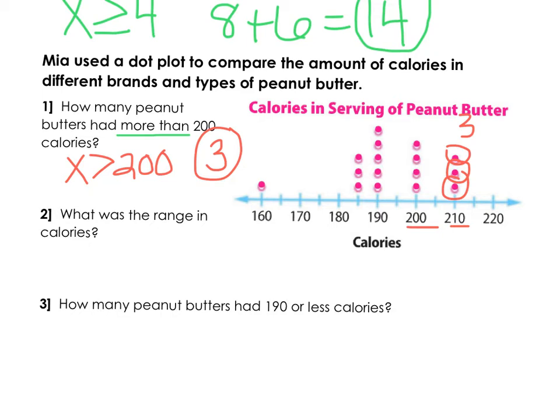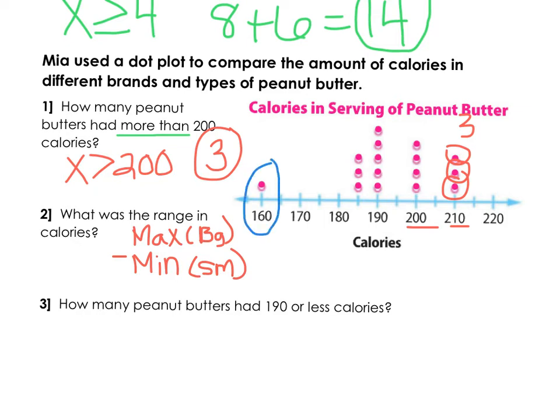Okay, let's look at the next one here, number 2. It says, what is the range in the calories? Remember, range is when we take the maximum and we subtract the minimum, or we take the biggest and subtract the smallest. Now, we want numbers in the data, not necessarily numbers on the number line. If I look here, 160 does have a dot above it, so 160 would be my minimum.